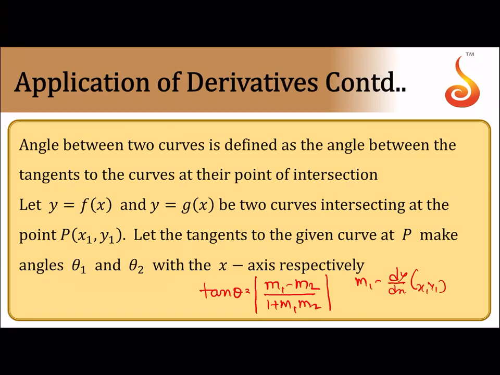So for the angle between two curves, you have to apply tan theta is equal to m1 minus m2 upon 1 plus m1 m2. So what is m1? The derivative of the first curve, dy1 by dx at x1, y1, and m2 is the derivative of the second curve, dy2 by dx at x1, y1.